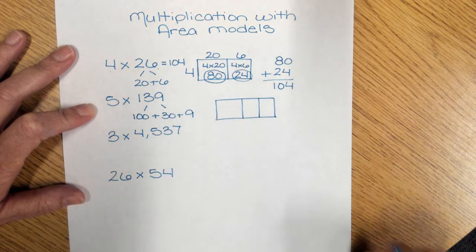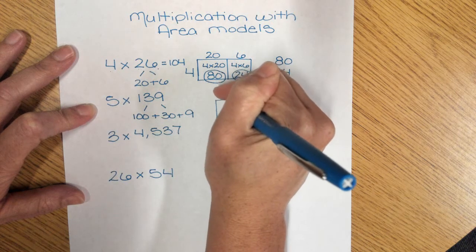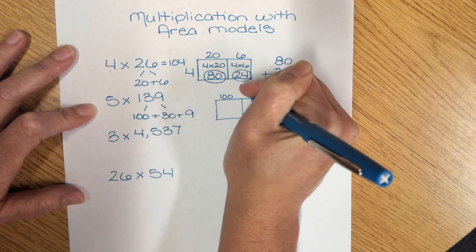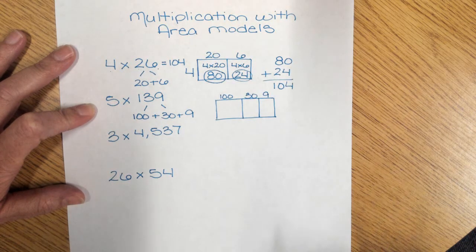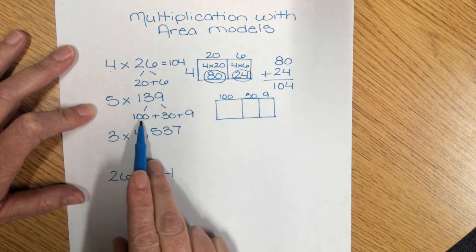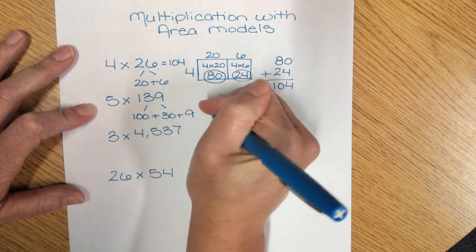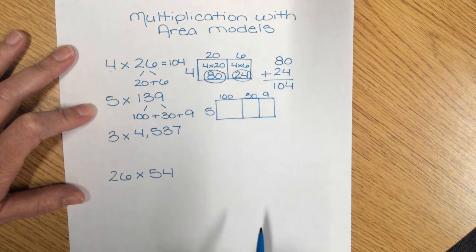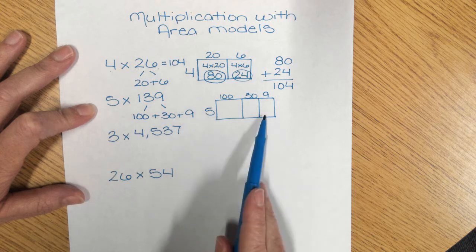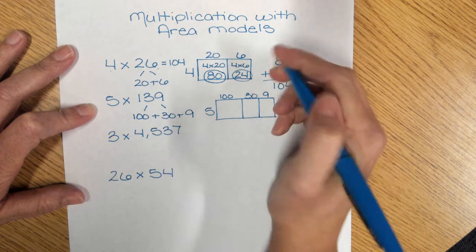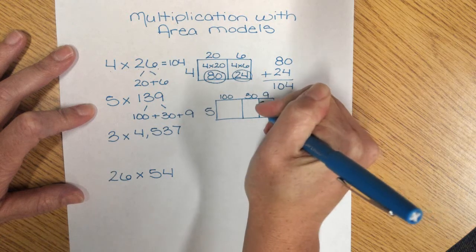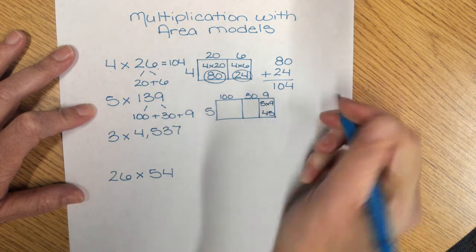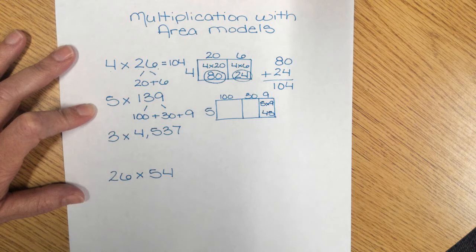So when I break that apart, my first box is my hundreds, my second box is my tens, and my last box is my nines. I'm multiplying 139 times 5. Again, my 5 needs to come over, meet my 9. So in this box, I'm going to multiply 5 times 9, and I get 45. 45 is my partial product.